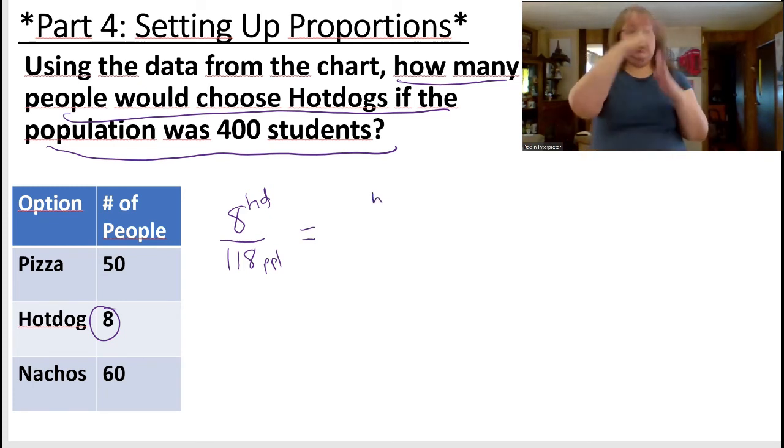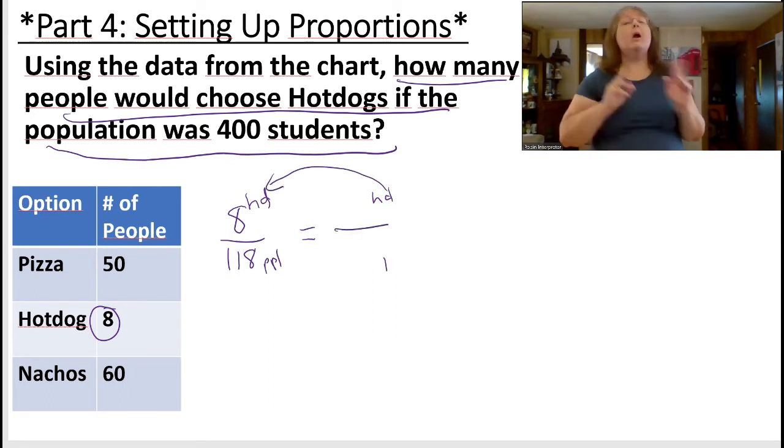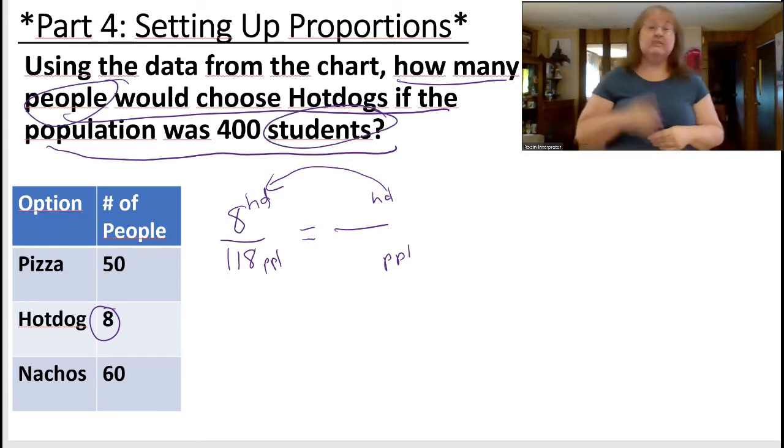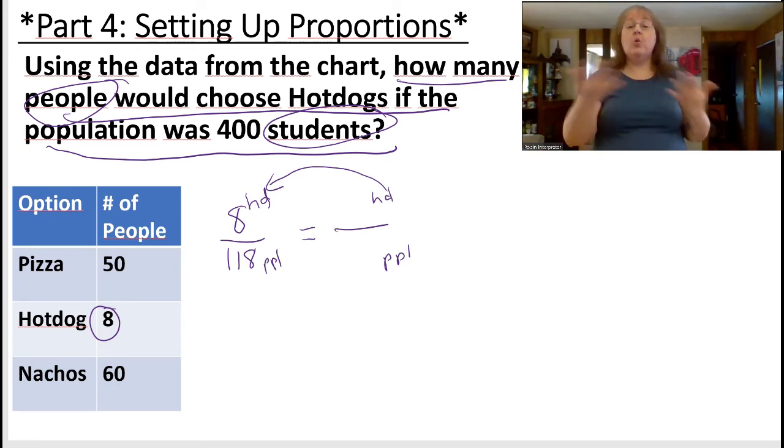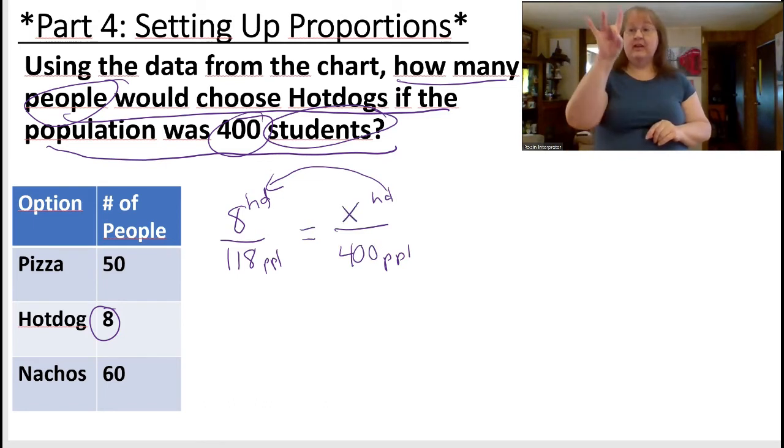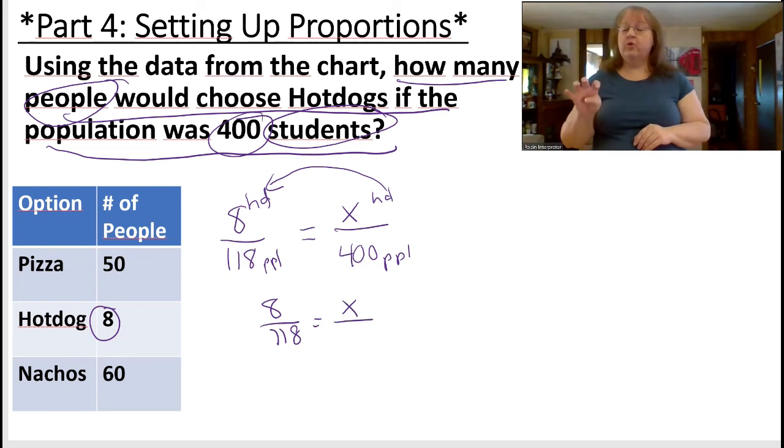Okay, well, I know hot dogs are going to go on top because I have hot dogs on top. And people is going to go on bottom, which is the same thing as students because I use people and students. Really, it should just be the same word. But that will help me determine what goes where. This says 400 students. So 400 people. So X is right there. So I should have 8 over 118 equals X over 400.